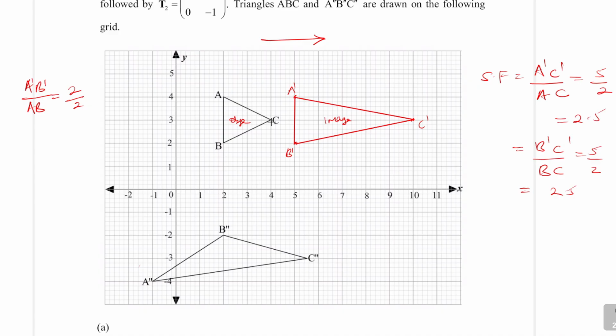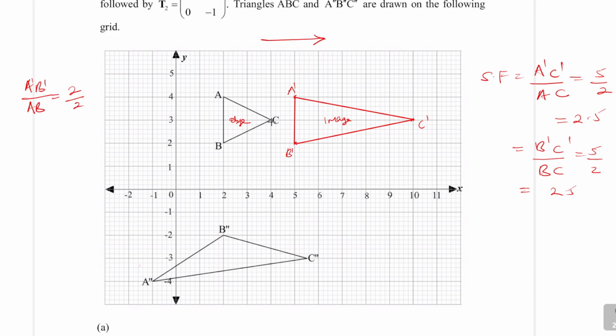Unlike under a shear, where you always find the shape is distorted whereas the area is preserved. But under a stretch, the area changes and the shape is somehow preserved.